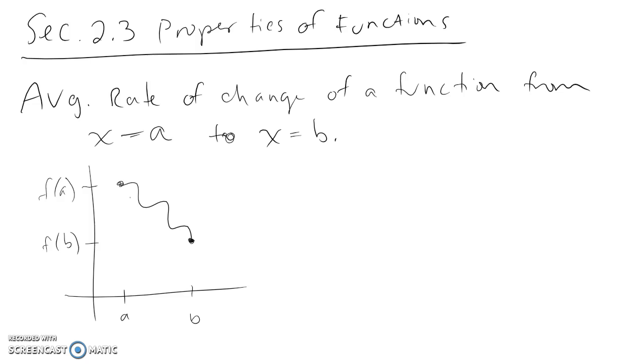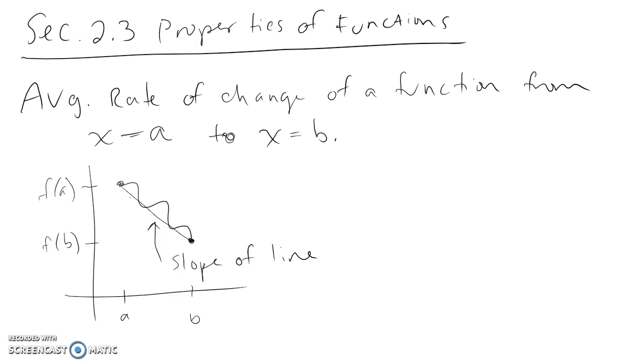And then draw a straight line from a to b, and f of a to f of b, from these points. The slope of the line, which is really not part of the function, is what the average rate of change of a function is. Basically, it's how quickly the function changes as x moves from a to b.